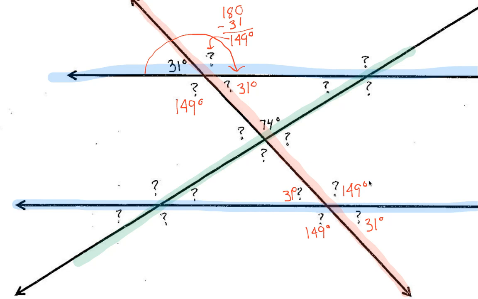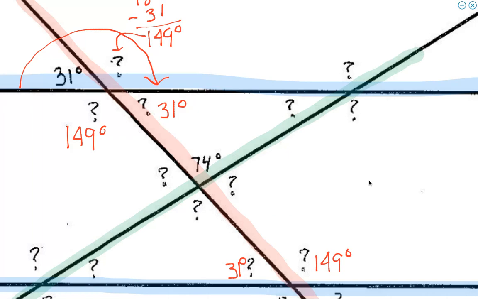They do, but we can't go off of our eye. If we knew what the slopes of the red and the green line were, then maybe we could do that. Okay. But we don't. So we're going to be able to find this angle, which will unlock these angles. So this triangle, we know, should add up to 180 degrees.